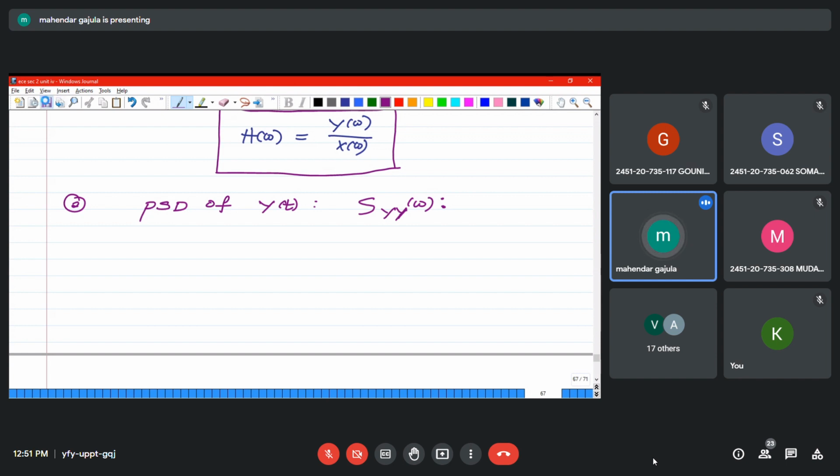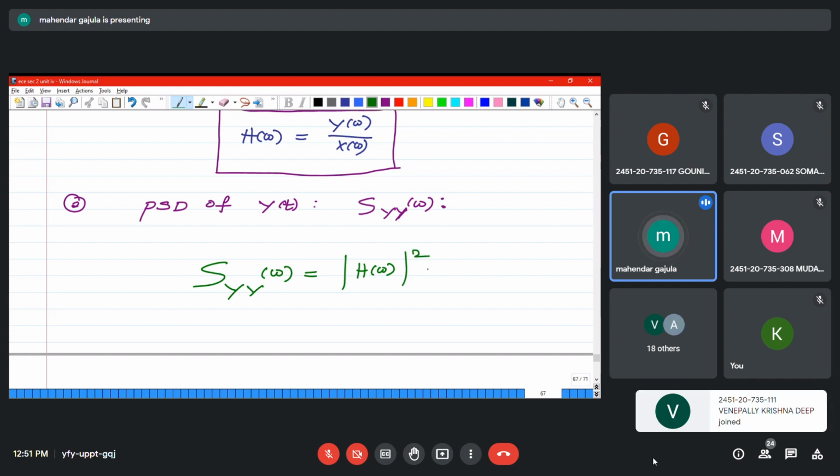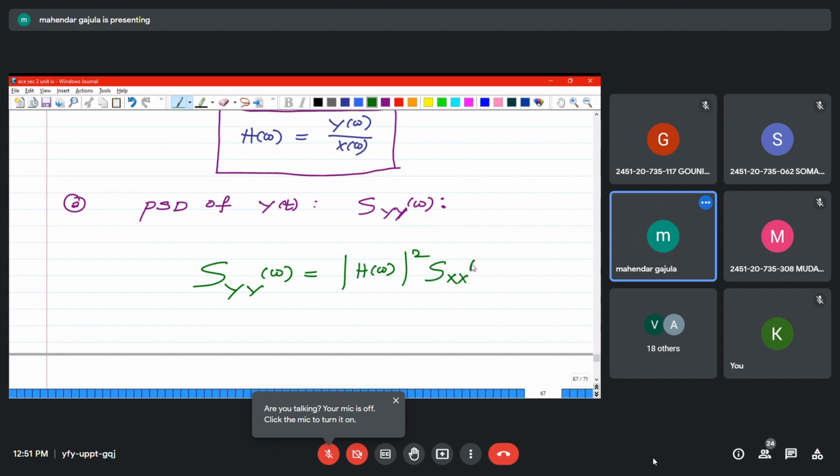So how to find it? First let me write the relation. S_yy omega is equal to magnitude square of H omega times S_xx omega. This one we have to prove.